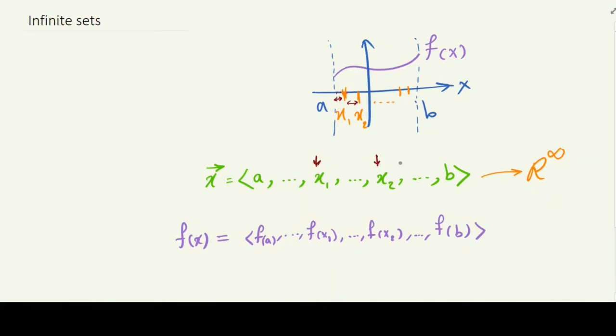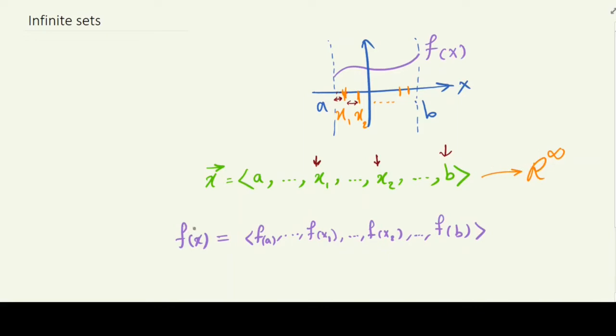So you're going to have another infinite number of coordinates in this vector until you get to b. So x can be thought of as a vector in the infinite dimensional space.